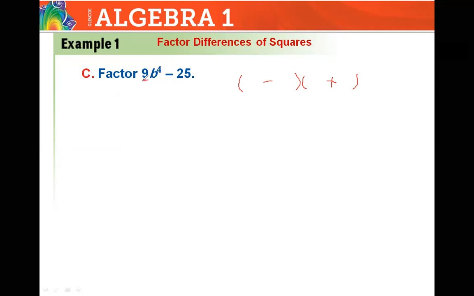This is 9. 3 times 3. Yes, so 3. So I just write here 3 and here 3. Okay, and then after that b power 4.